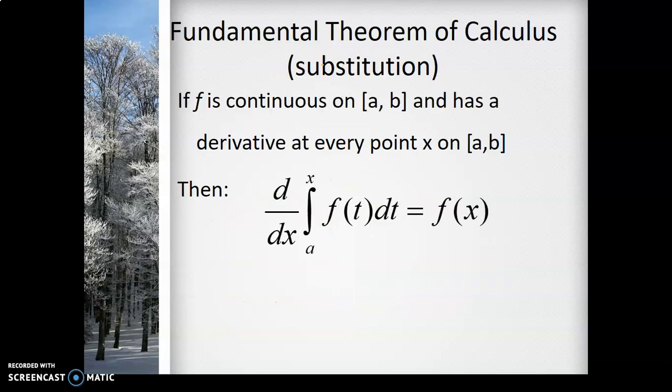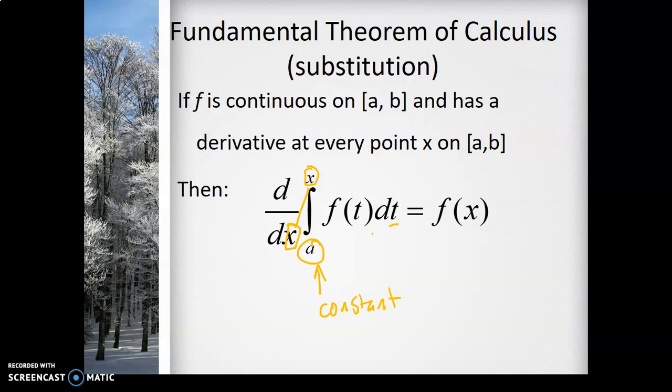The other piece of the fundamental theorem of calculus basically just says that derivatives and integrals undo each other. Now there's a couple of pieces that you're looking for. So the number on the bottom needs to be a constant. The variable that is on top should match the variable that you're taking the derivative with respect to.